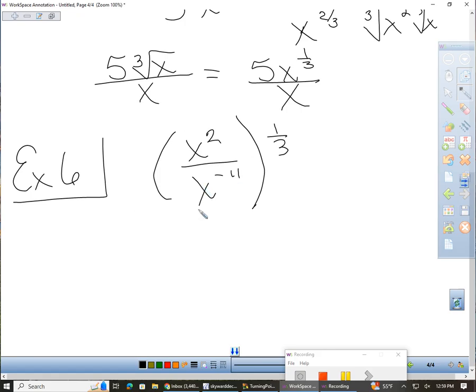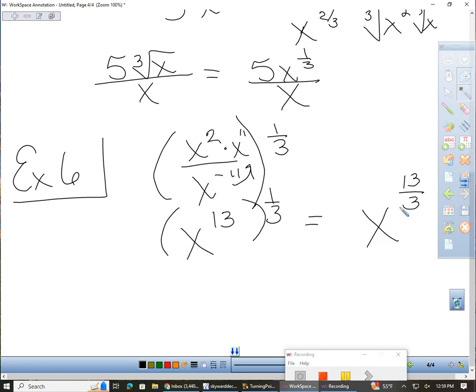Okay, so I'm going to move this to the top, which means I'm going to have x to how many on top? Oh, you're just adding, you're moving it to the top. I have 2, and 11 gives 13. There we go, 13, all raised to the 1/3 power. An exponent raised to an exponent is? We multiply. 13 over 3. And this started as exponents, so we leave it as an exponent. Nothing else to do. Do you want me to say that again, Lexi?